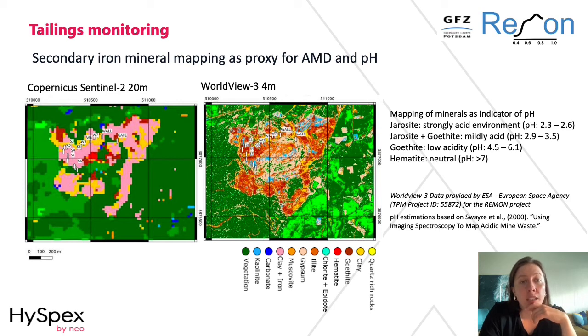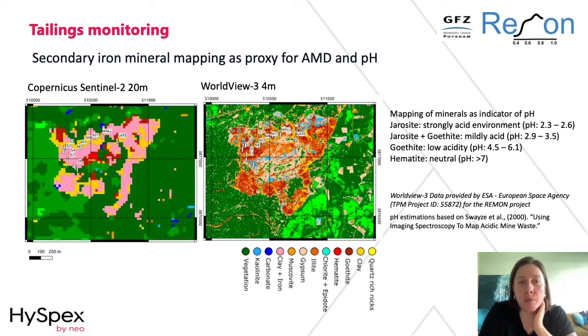If we look at the higher pixel resolution and look at the WorldView 3 imagery, we can see that actually this clay and iron can now be distinguished, and we can actually see clay pixels, so illite or muscovite or clay, and we can see hematite and goethite, and we can see a much better distinction of different areas and different proportions within this mine.